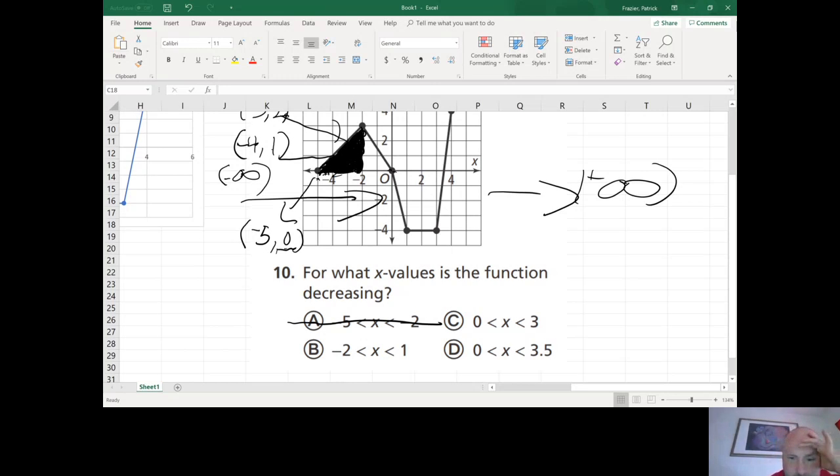Between where x is greater than 0. Oh, I think I'm looking at C, where x is greater than 0 but less than 3. And the question is, when is the function decreasing? Well, we can clearly see that as x goes from 0 on up to 3, it is still decreasing within that area.